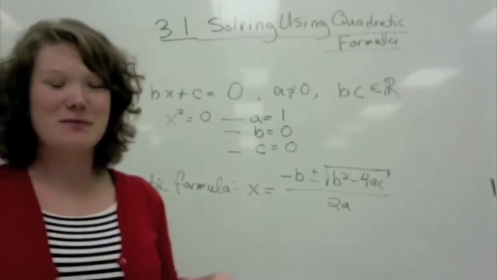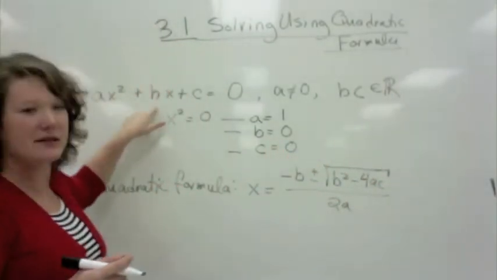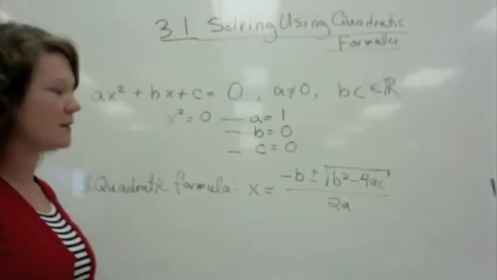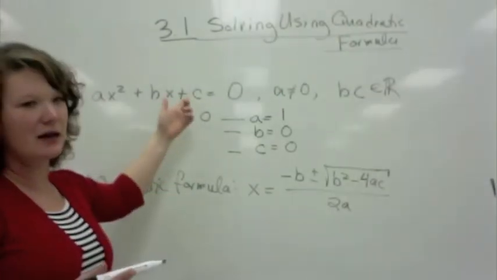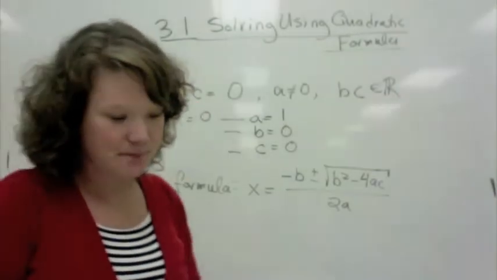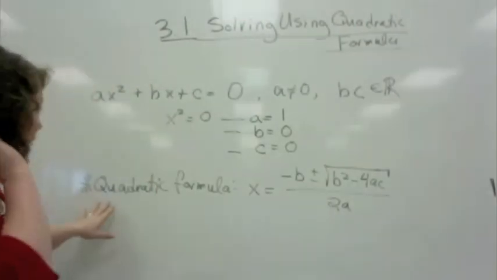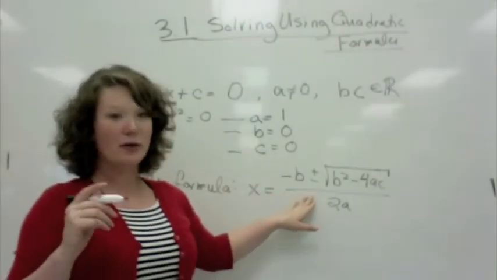If you're looking at this and wondering what all these a's, b's, and c's are, they're just the coefficients on the various variables, or in the case of c, just the constant. Great. So if you have a quadratic equation, this is another way to solve.